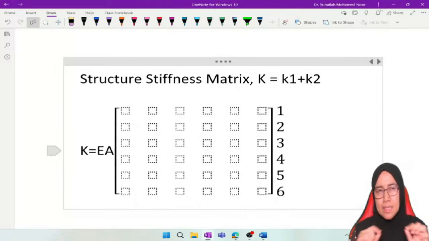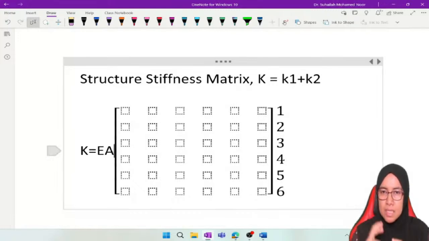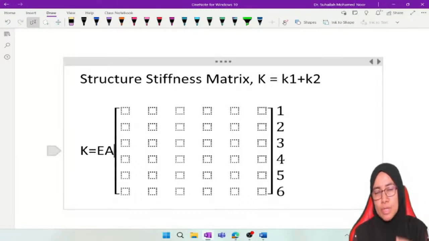Remember the term mentioned earlier about subdividing the structure into elements. Originally a structure, the truss. Subdividing the structure into elements, because we want to produce the structure stiffness matrix. We have to produce it from element stiffness matrices.